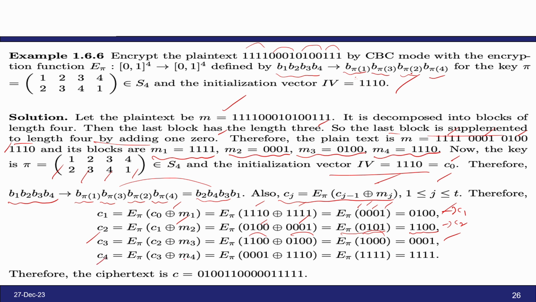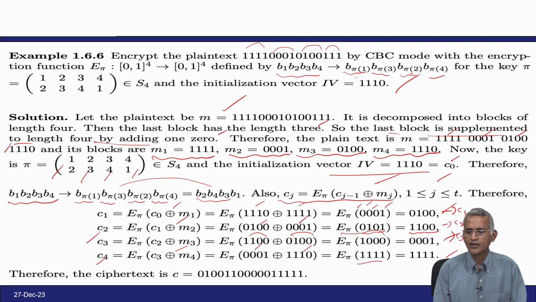So C4 is E pi of C3 XOR M4, which is E pi of C3 applied here, and the M4 value you know from the given hypothesis. Add them, and the result is 1 1 1 1, which is the identity, therefore the net value is all 1s, because 1 maps to 1, 2 maps to 2, 3 maps to 3, 4 maps to 4.